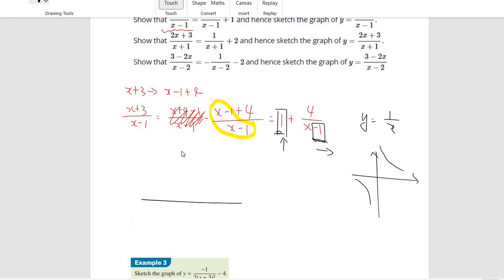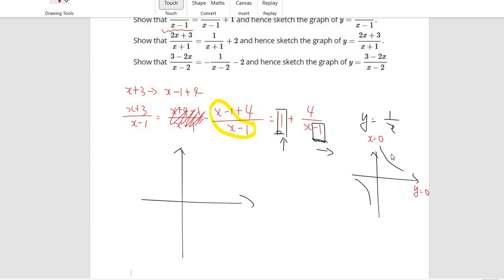The way I'm going to draw my graph is by first finding my new asymptotes, then drawing the graph around them. For example, the original vertical asymptote was the y-axis, which was x equals 0. Then the horizontal one was y equals 0.